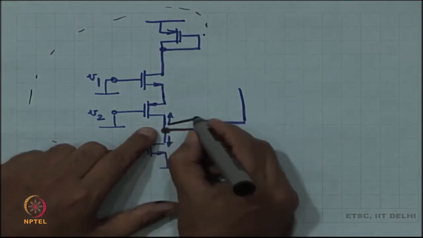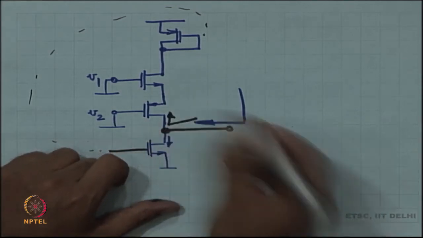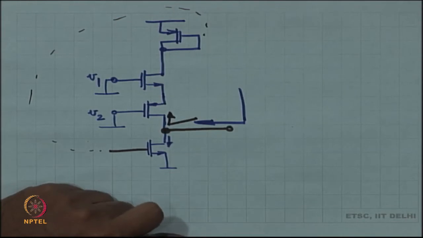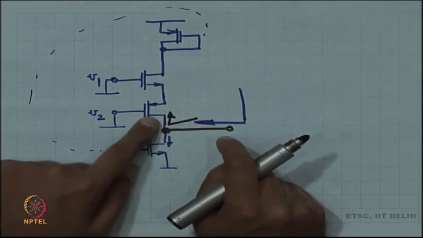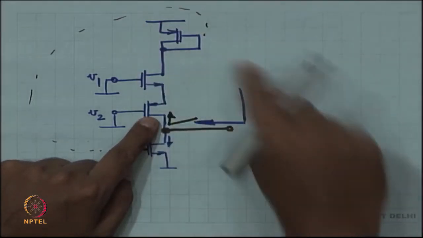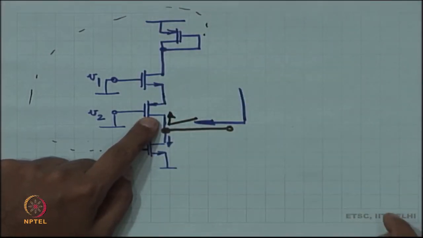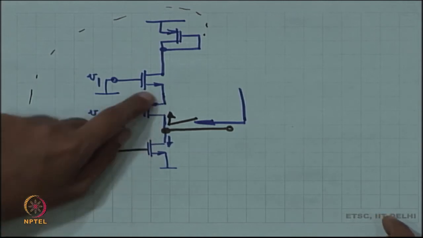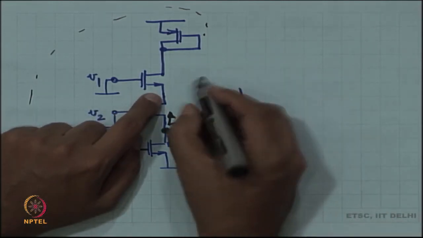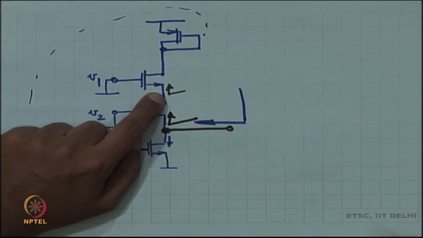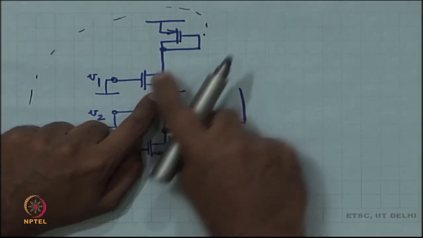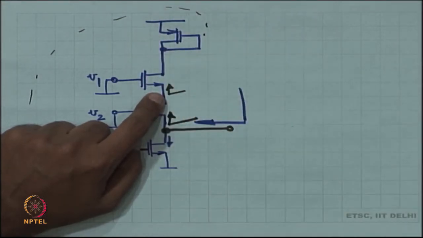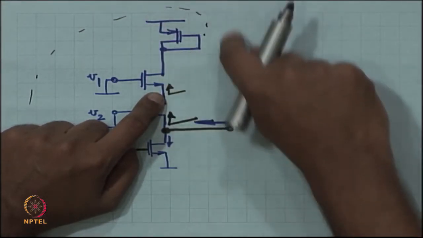So, let us first look up and only up. When you look up, you are looking in from the drain of this PMOS, where the source is terminated by something. So, it is a formula. What is the source terminated with? So, you look in first over here and then you are looking in from the source of this NMOS, where the drain is terminated by something. And what is this something?